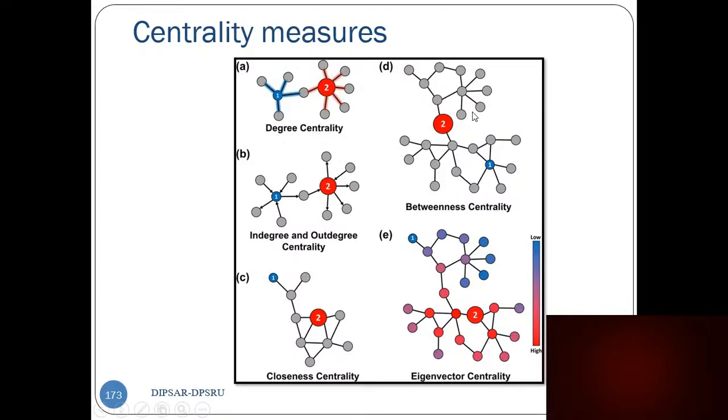Why? Because this is a connection between two hubs. If I am able to break or inhibit these connections, disease progression is going to reduce significantly. So in that case, which node is important for me? This second node, even though it has low degree compared to other nodes in the network.